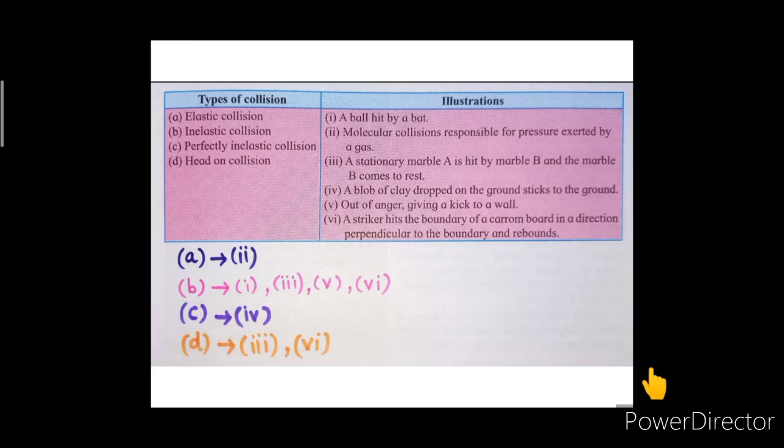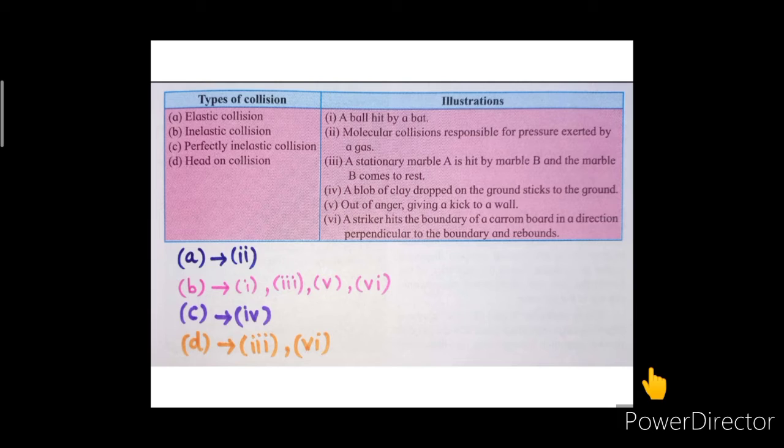So, for the elastic collision A, the illustration is number 2. Here you are supposed to write down the complete sentence. A, elastic collision, matches with 2, molecular collisions responsible for pressure exerted by a gas. Here I had just written the notation, but you are supposed to write down the complete answer.